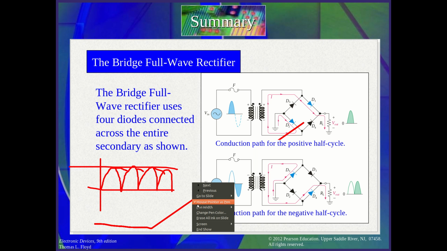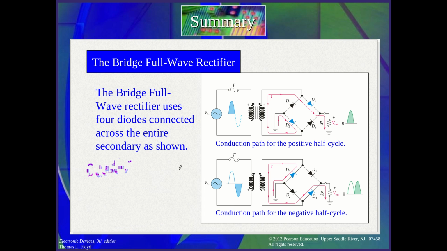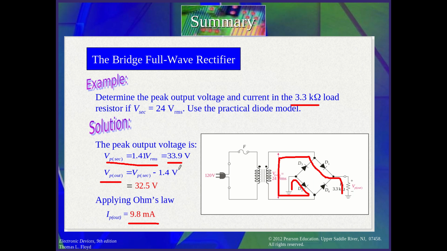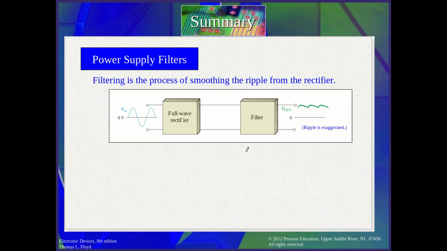Now we will see this in the circuit. Filtering is the process of smoothing the ripples from the rectifier, as you see here. So it's supposed to be like this from the rectifier, and you use something to remove these ripples.